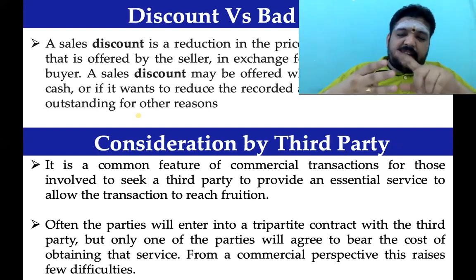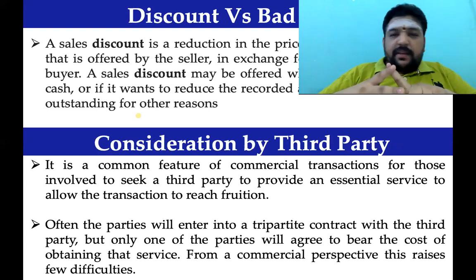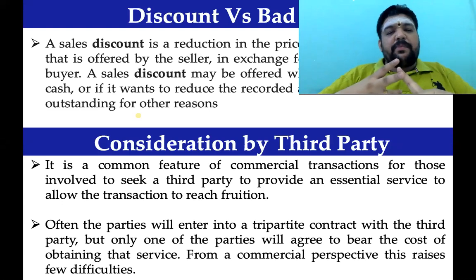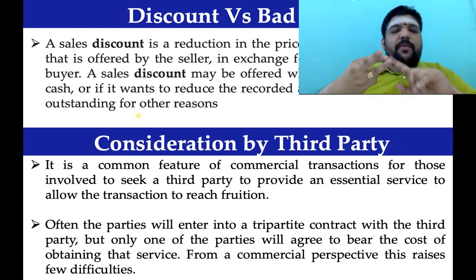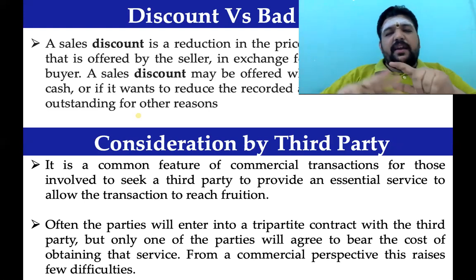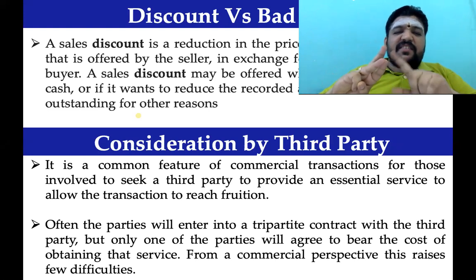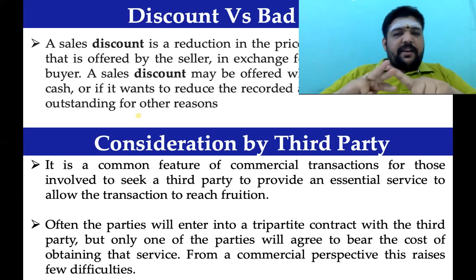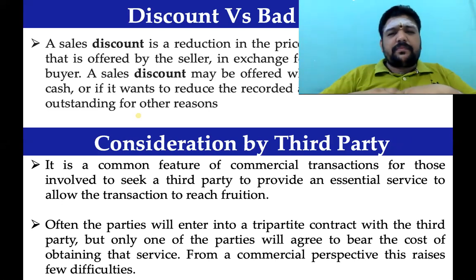There is a supplier, there is a recipient, and there is a third party. The third party will get the consideration from the recipient. Actually, he will provide services to the supplier. So you'll have three parties: supplier, recipient, and third party. The third party will provide services to the supplier but get the consideration from the recipient of service. Possible.